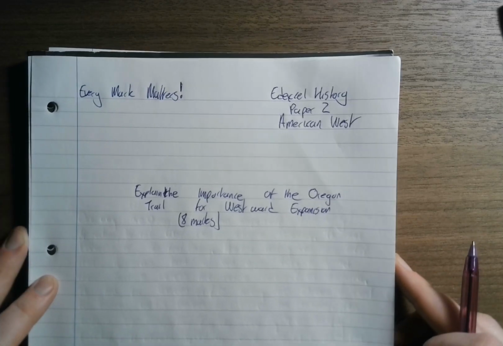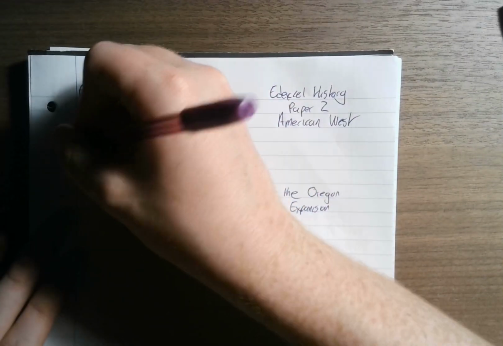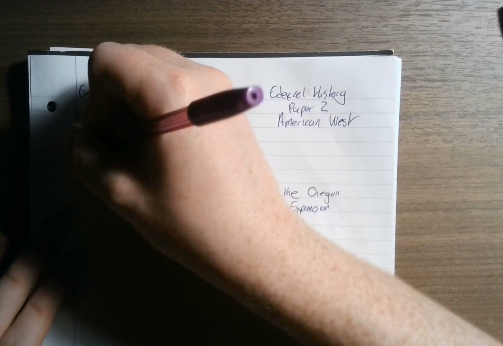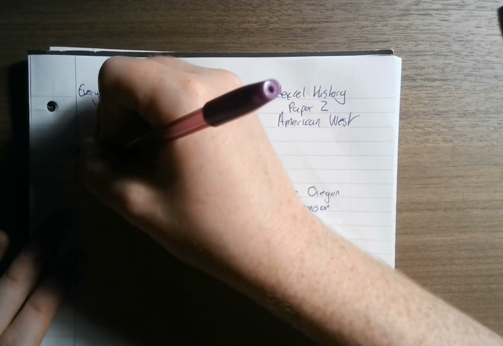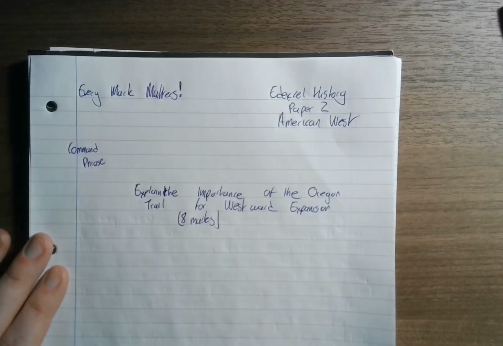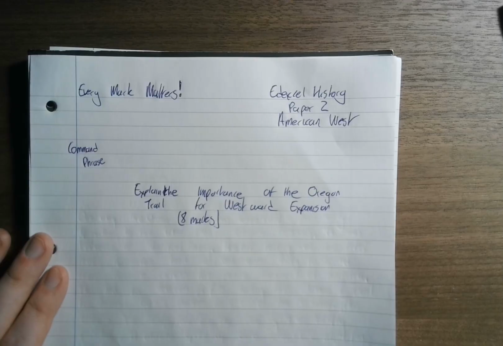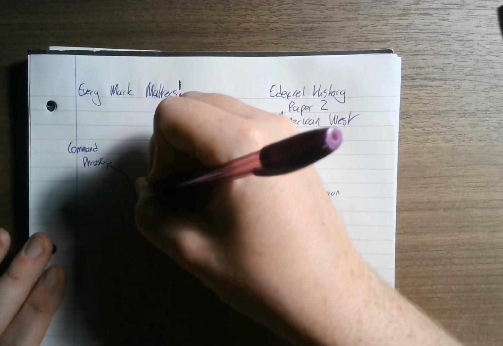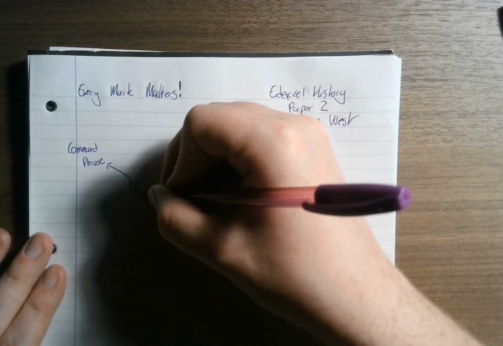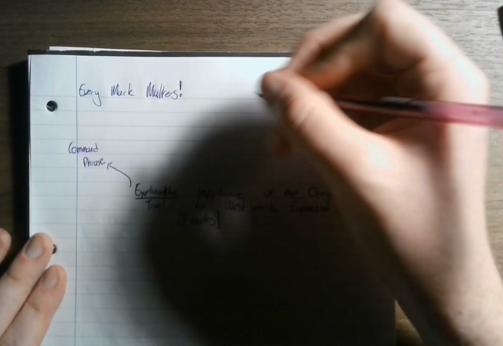So the first thing that we're going to have a look at is our command phrase. Now our command phrase of the day is explain. You could include explain the importance if you want.